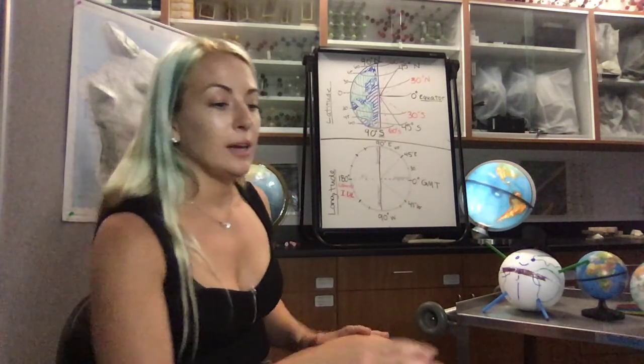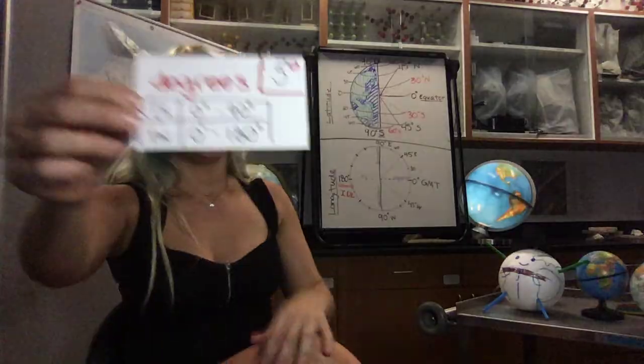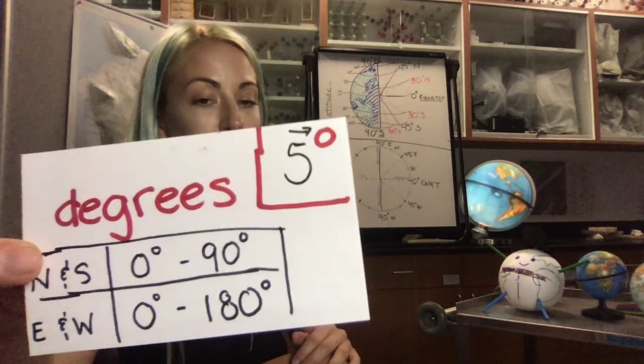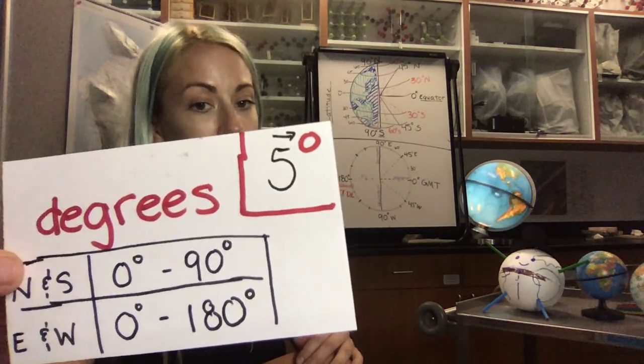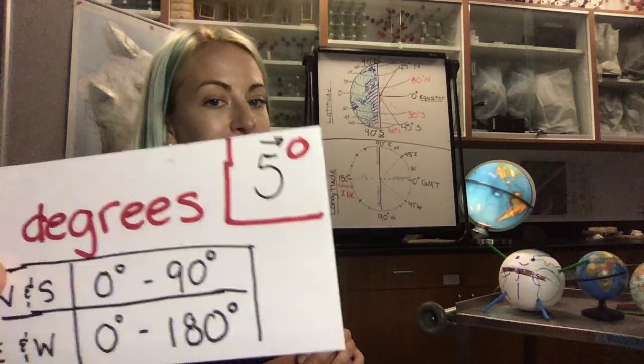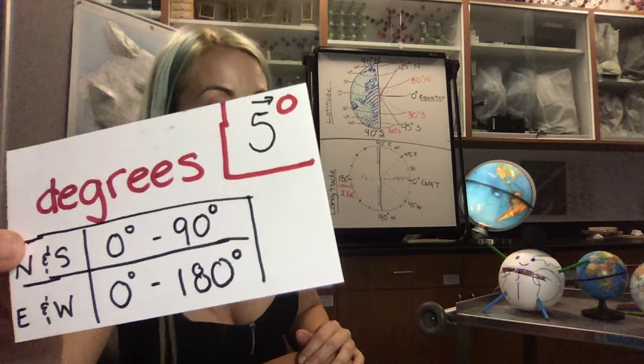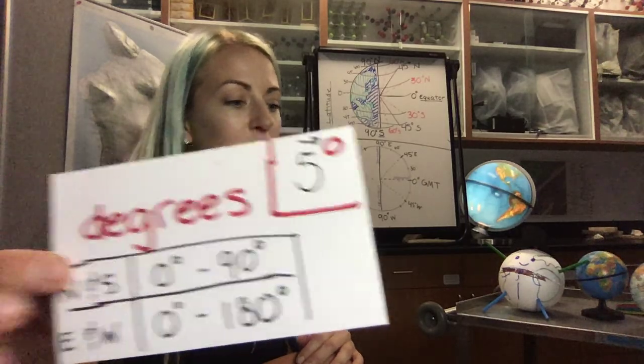So when you are looking at your degrees for coordinates, the degrees for north and south have the parameters of the minimum being 0, of course, and the maximum is 90 degrees. Whilst for east and west, 0 is the minimum, and 180 degrees is the maximum.